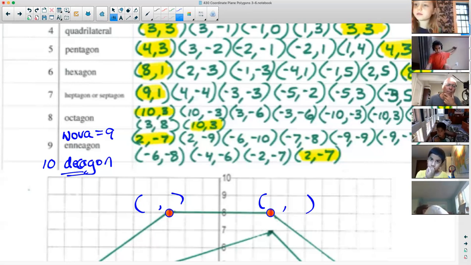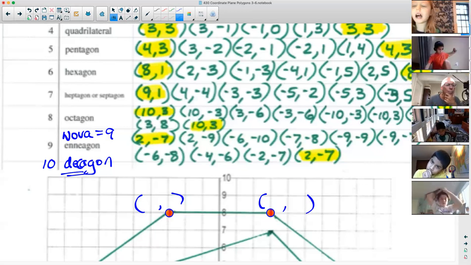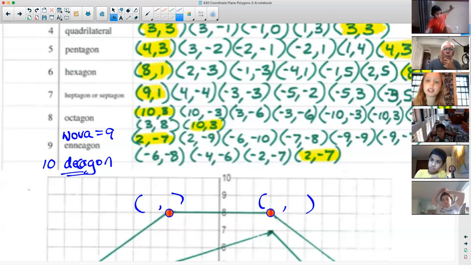Yeah, very good. Gabby, what do you think? Gabby, you raised your hand, honey. What do you think? I was thinking the same thing. It sort of sounds like dime, deca. And a dime is 10 cents, so deca would be 10.